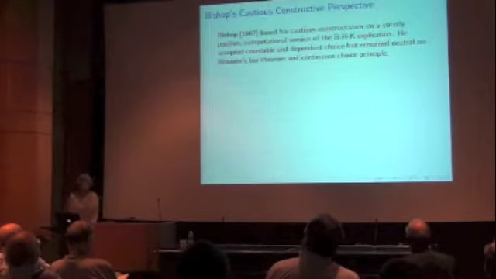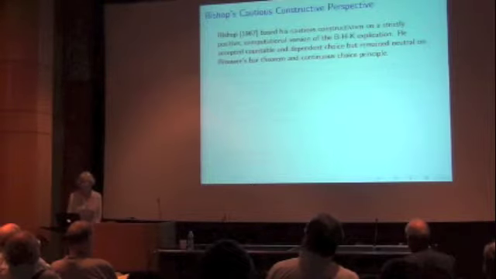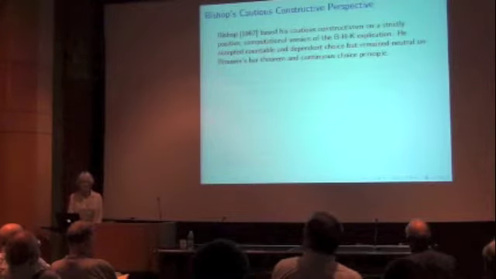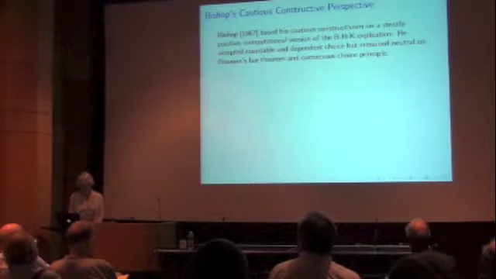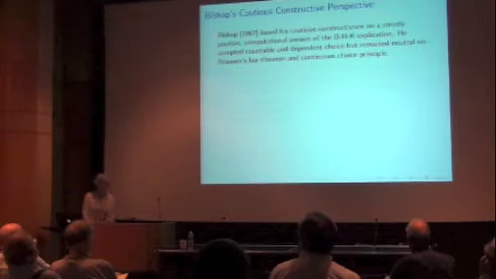Okay, another perspective that one could explore would be Bishop's constructive perspective, which I like to call cautious constructivism, because Bishop based his exercise in constructivism on a strictly positive and computational version of the BHK interpretation.